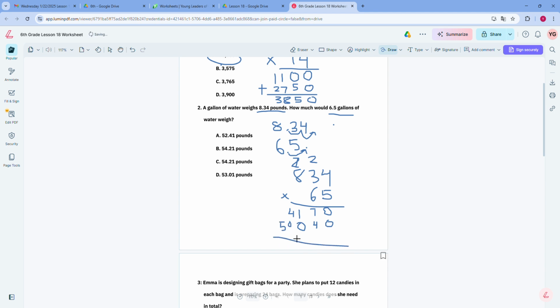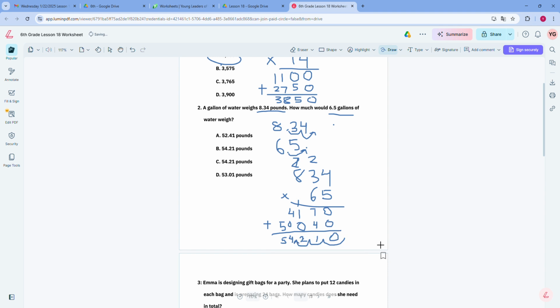So when you add all of these numbers, make sure to go right to left, and then that would get you 5410. But since you took out 2 decimal points here and 1 decimal point here, that would give you 3 places.